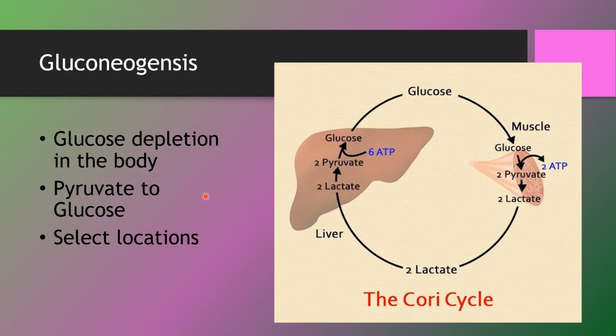And again, it's going from pyruvate to glucose, the opposite direction of glycolysis, and again, it's made in select locations in the body.